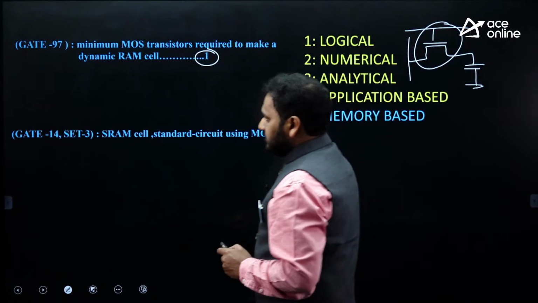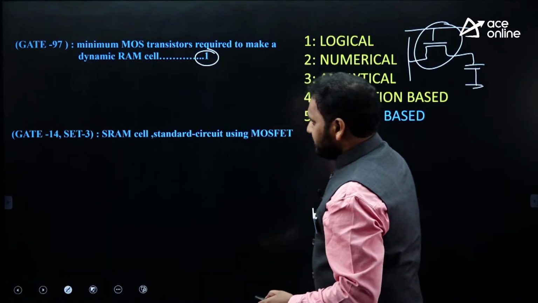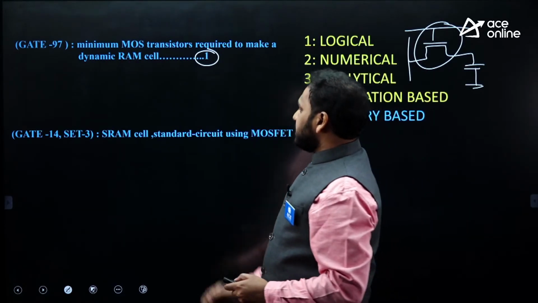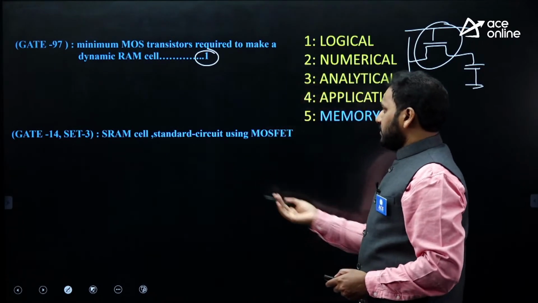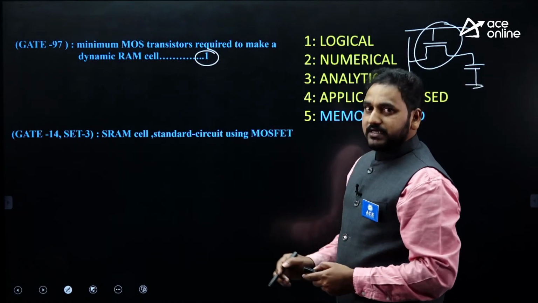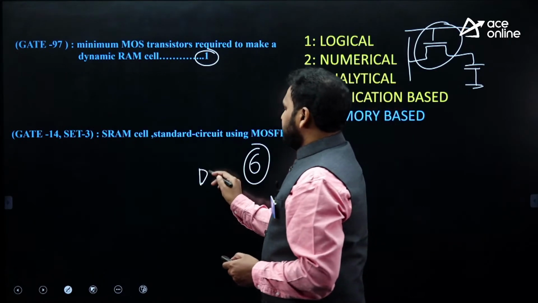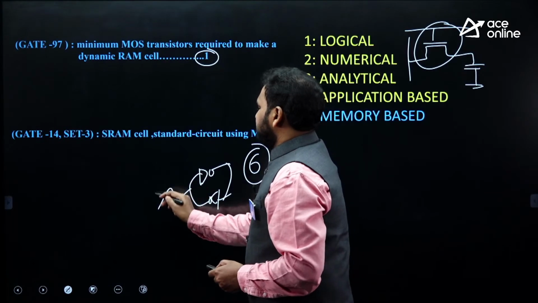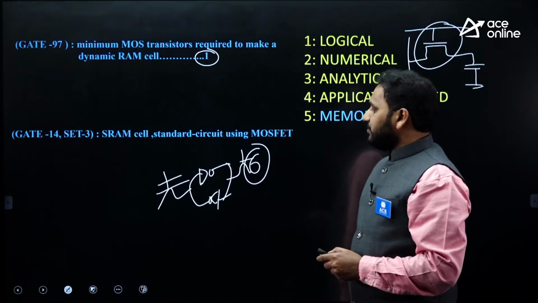And one more. A recent question, GATE 2014 set 3. Static RAM, SRAM, means static RAM cell, standard circuit using MOSFET. The circuit is given. It requires 6 MOSFETs. This is the circuit implemented using MOSFETs, 2 plus 2, and then the control part, word line and bit line.